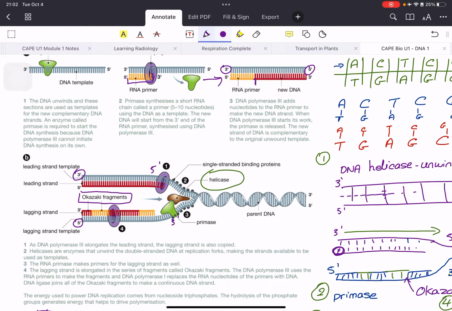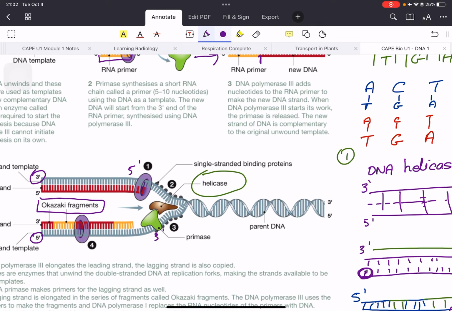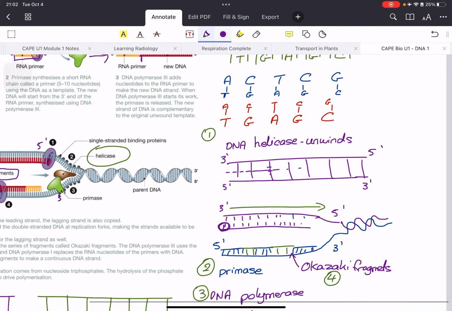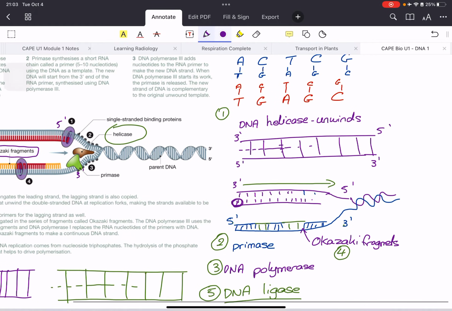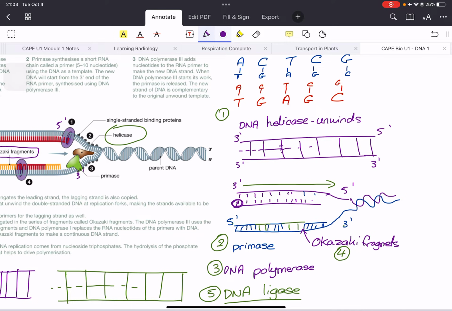And finally, DNA ligase will come and join the Okazaki fragments at the 5' to 3' end. Okay? And obviously your diagram, when you are drawing it, does not need to be so detailed like that. I actually drew it here much simpler for you, showing the steps. Obviously, you don't want to make it look that untidy. You could take some pride in your work.